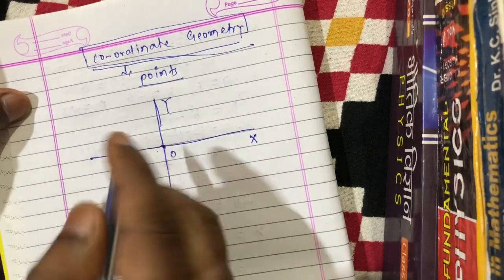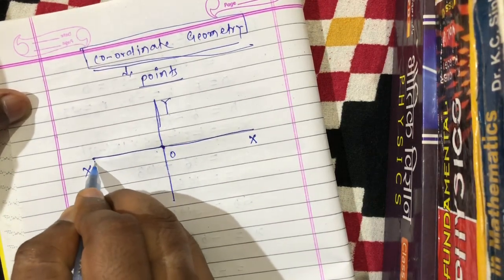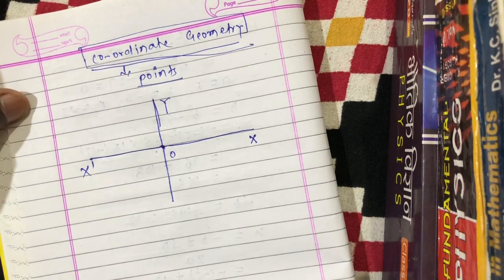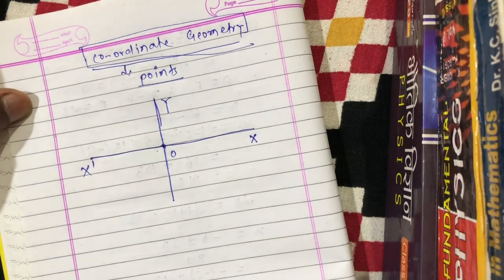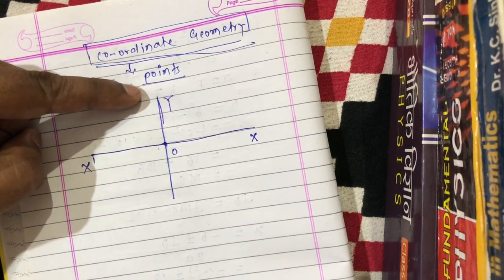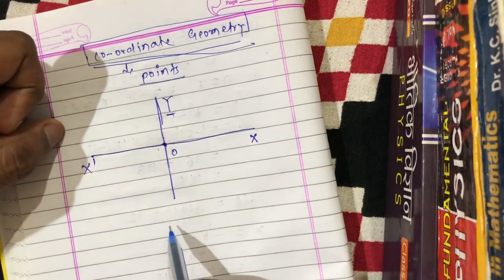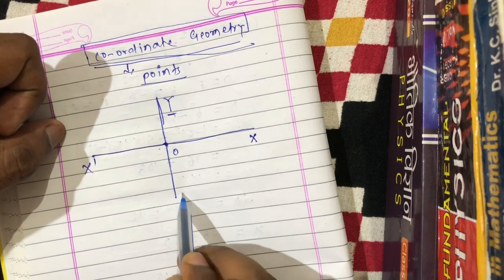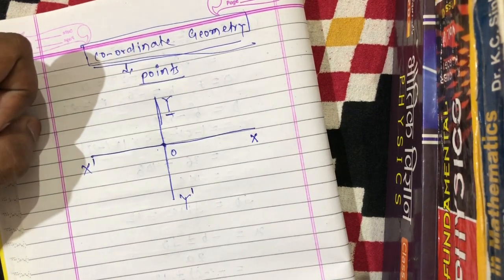That's why the left part of the horizontal line is called the negative x-axis and denoted by x dash. When we move above the origin, the vertical line is called the positive y-axis, and the reverse, that is backward, is called the negative y-axis and denoted by y dash.